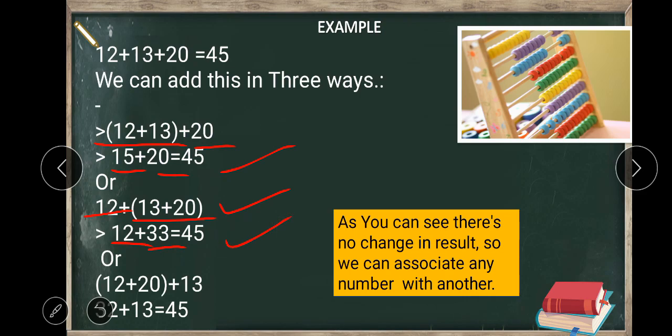Now in the third one, where 12 is the first number and 20 is the third, adding these two we get 32, and then adding 13 to it we get 45. In all three cases, we find that our result is the same, hence no change in result. So we can associate any number with another.